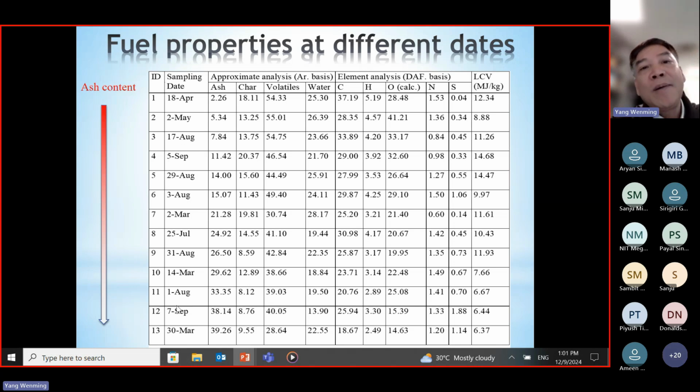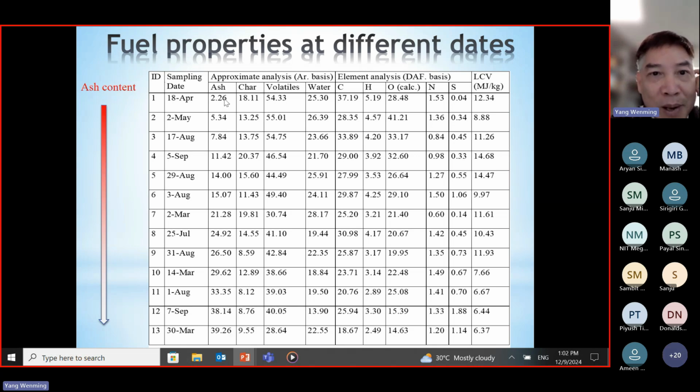After collecting the samples, we do analysis, for example proximate analysis and elemental analysis, and we also test the LCV, the lower heating value. You can see the ash content is different, so we rank the ash content from the lowest value to the highest value.